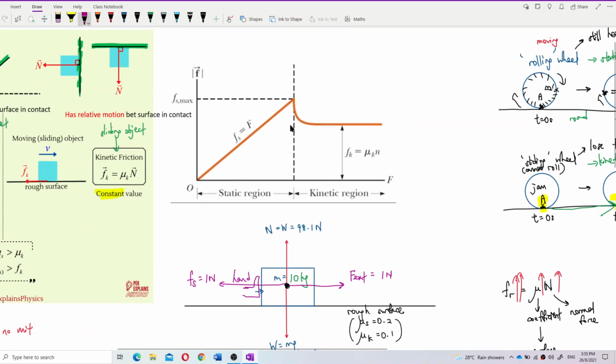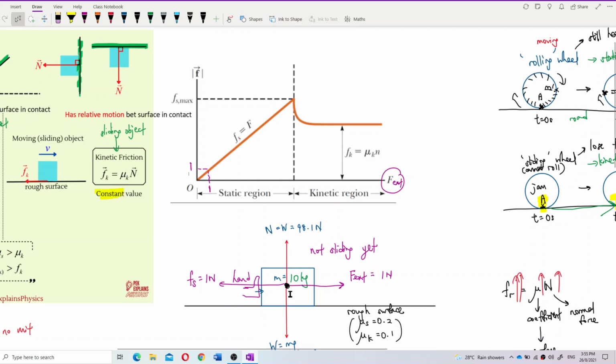The object is not sliding yet. This is my external force. I push with 1 Newton, so the friction is also 1 Newton.